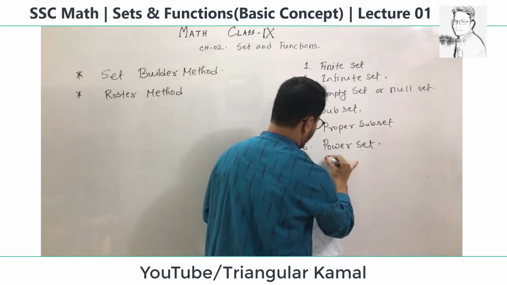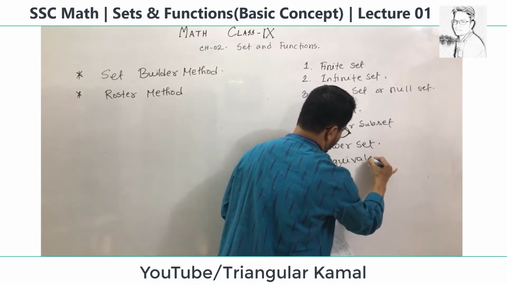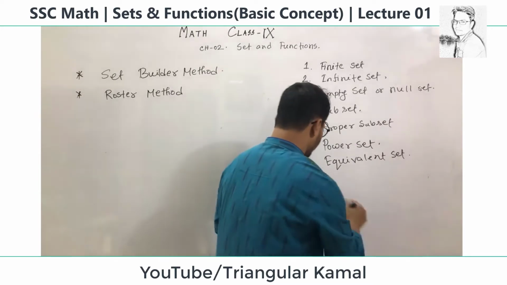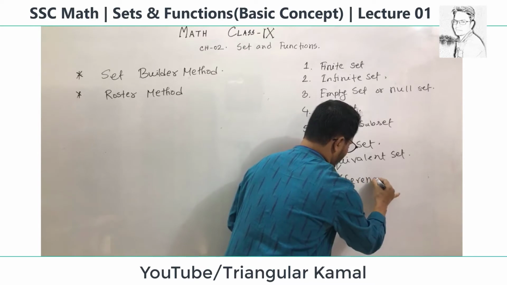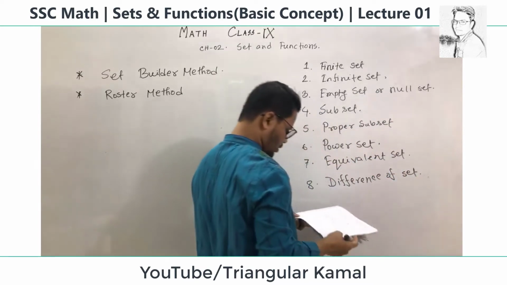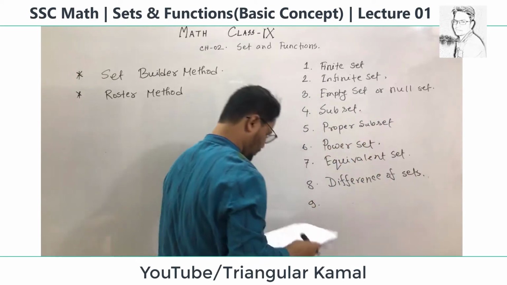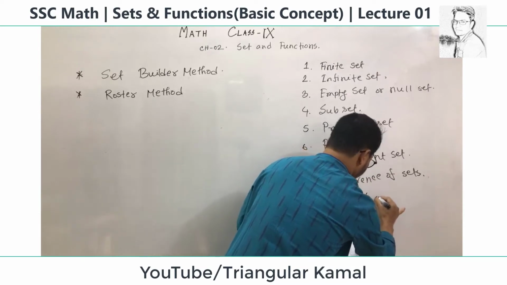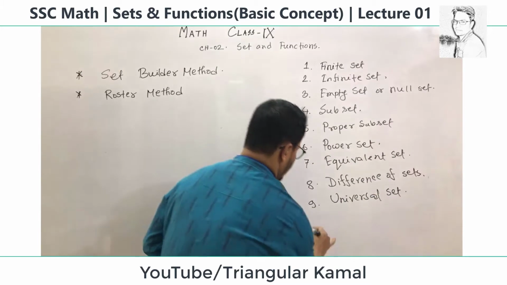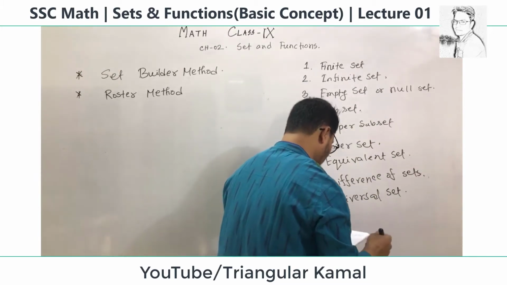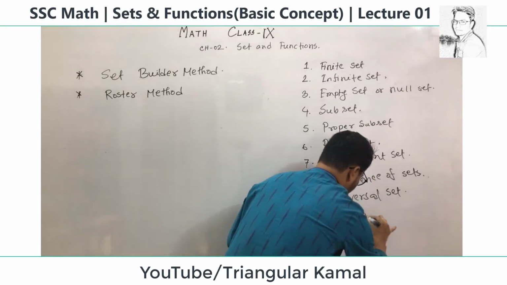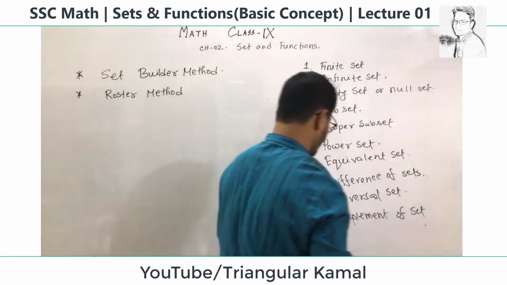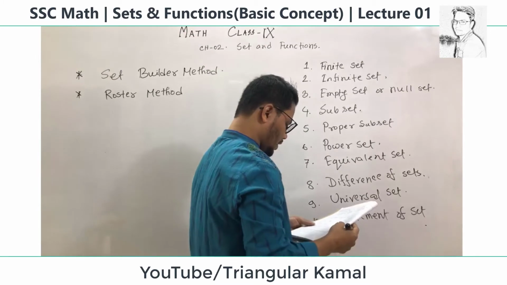number 7, equivalent set; number 8, difference of sets; number 9, universal set; number 10, complement of set; and number 11, union and intersection of sets.